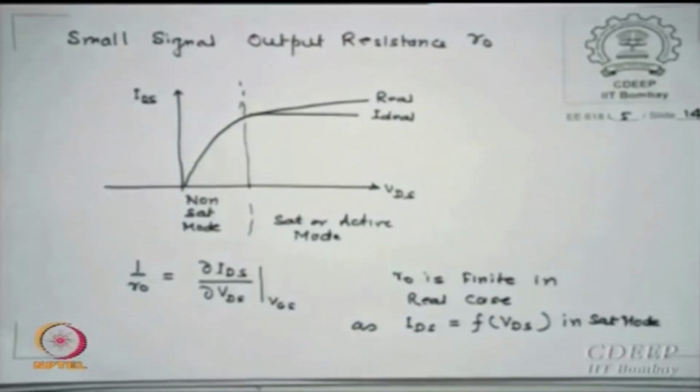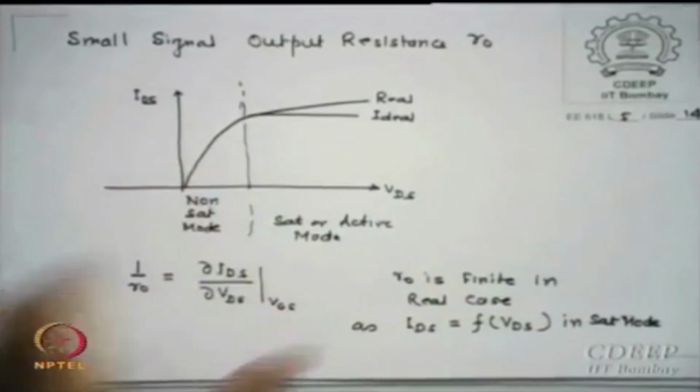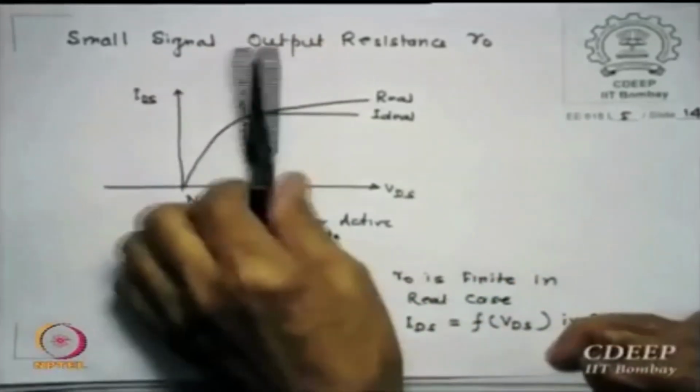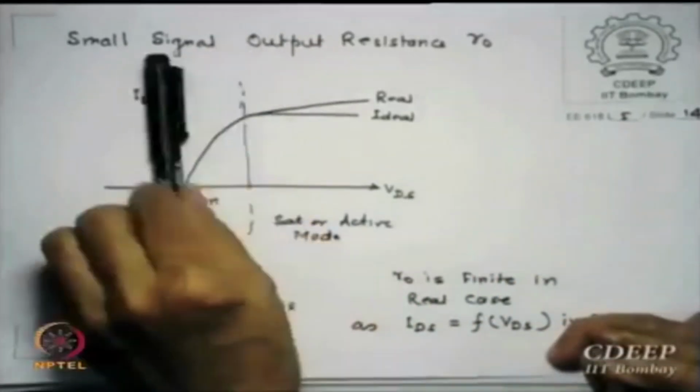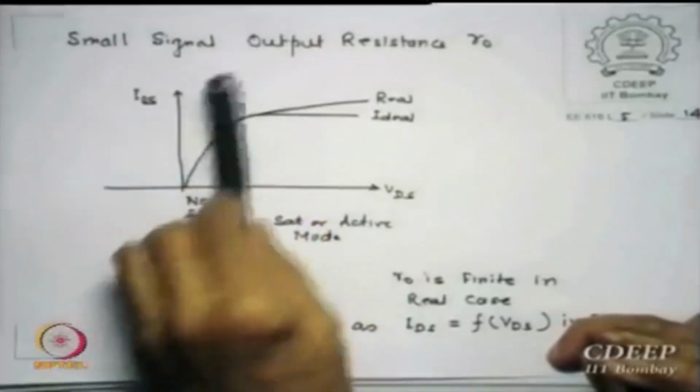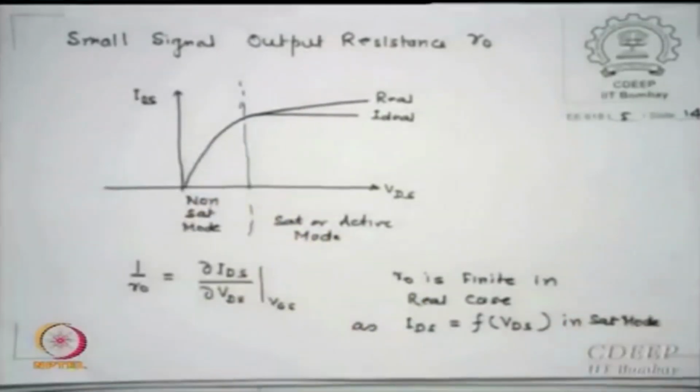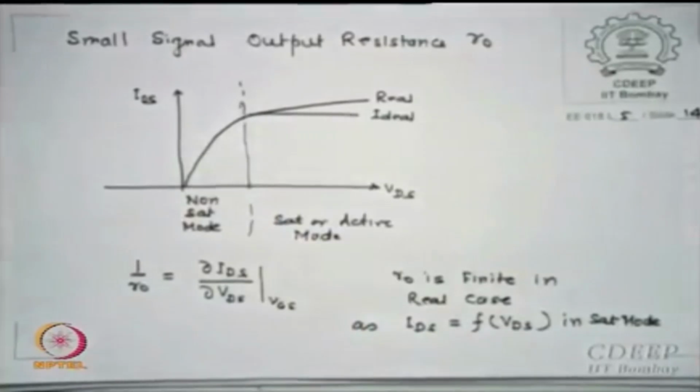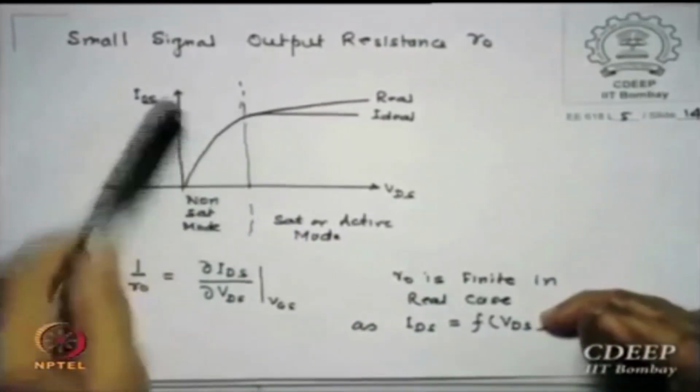So if I do this, there are a few things you should remember, and that is why I am showing you all this. This is a simple characteristic for R0. Please remember, we will never go in this region, which is the linear region. Why will we never operate our amplifier here?